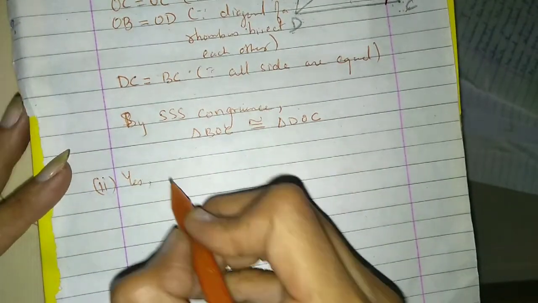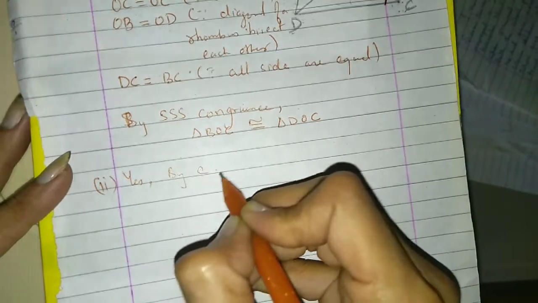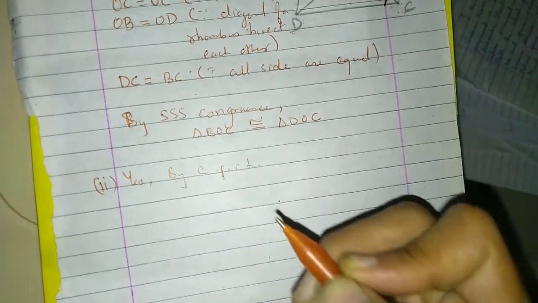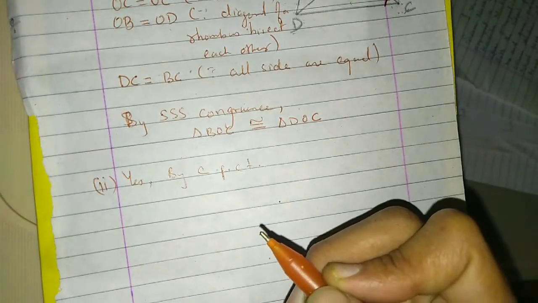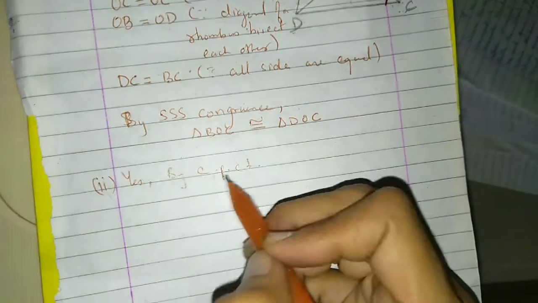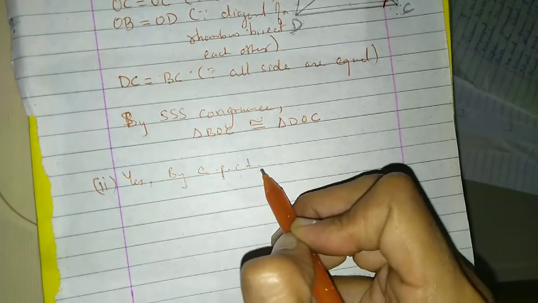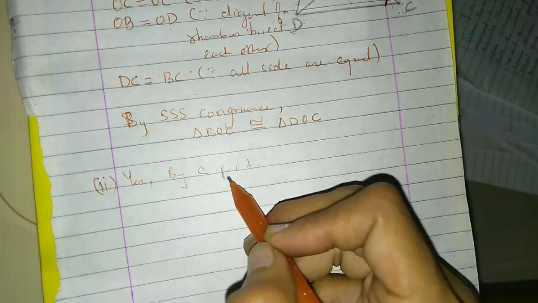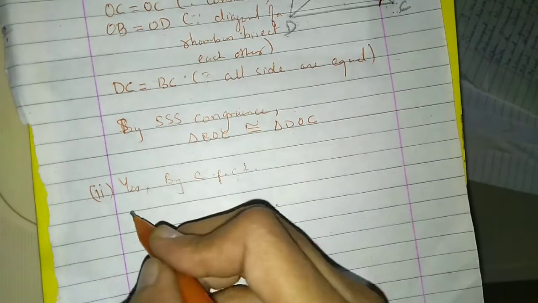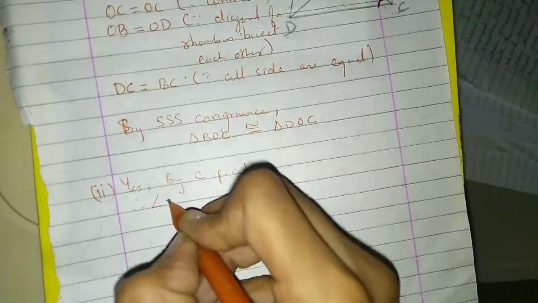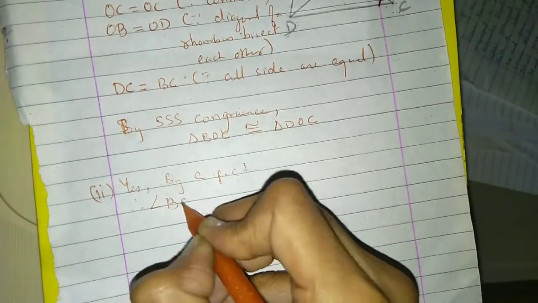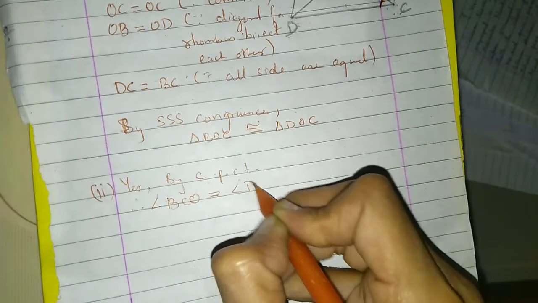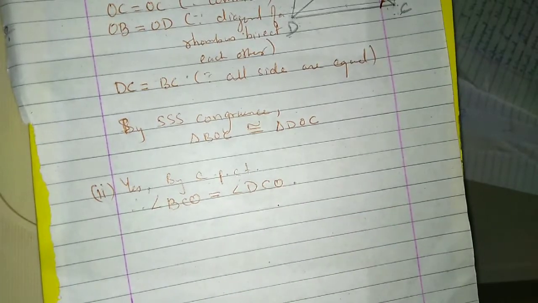Why? By CPCT, corresponding parts of congruent triangles. The full form of CPCT is corresponding parts of congruent triangles. Therefore angle BCO equals angle DCO.